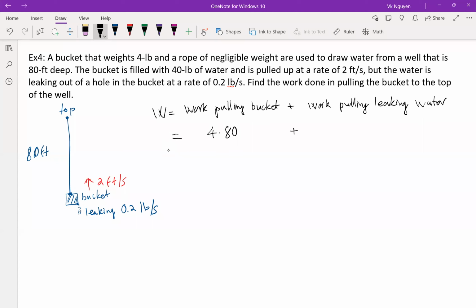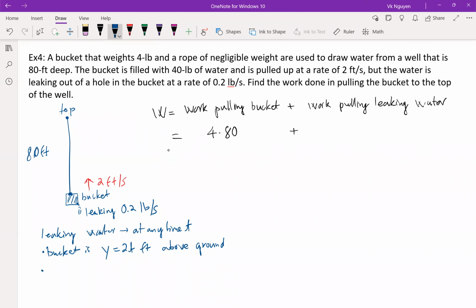The work in pulling the leaking water is a different story though, because the level of water is different at each second. We say that the bucket is y equals 2t feet above ground.